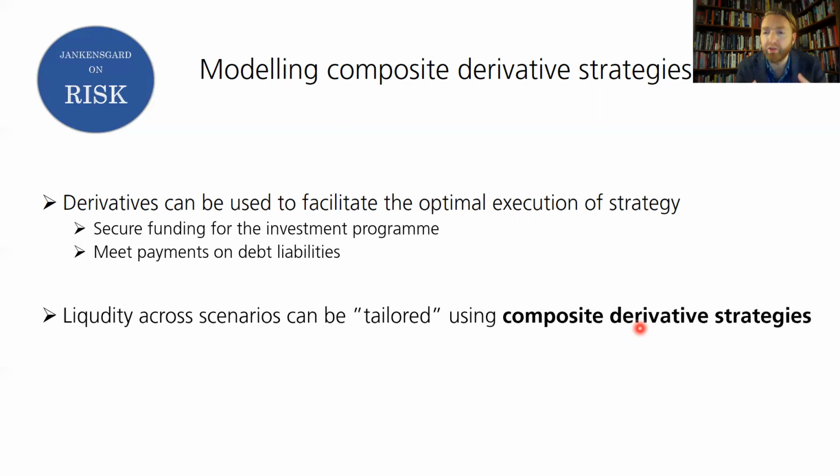The idea is to tailor or engineer the cash flow payoffs in such a way as to make them occur exactly when you need them the most for the purposes of investing or securing payments on debt liabilities, for example. So you can tailor or engineer your derivative cash flows for these purposes.